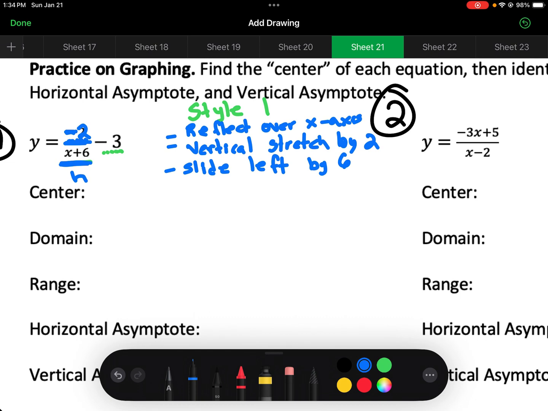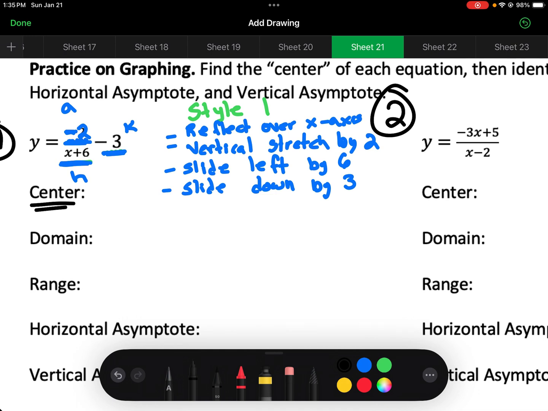The final thing I see is this -3 dangling off the back. That is in my k position. Remember, you have A on top, H on bottom, K in the back. A -3 in the k position is a slide down by 3.